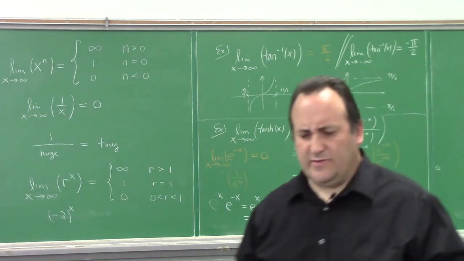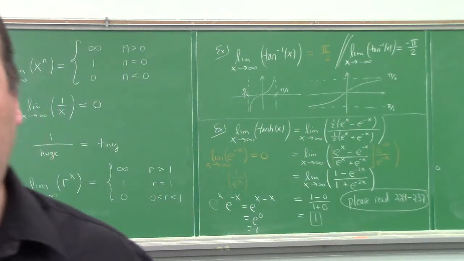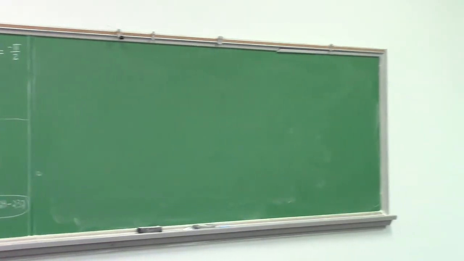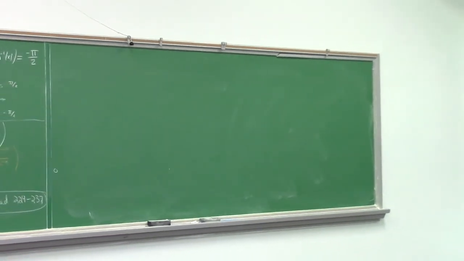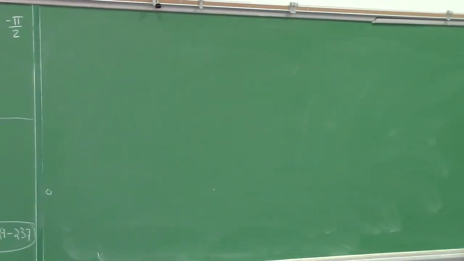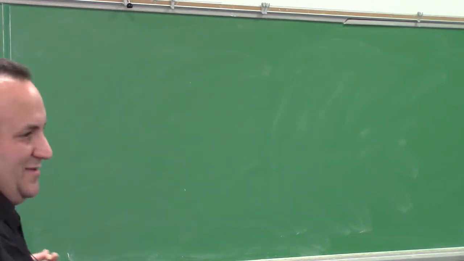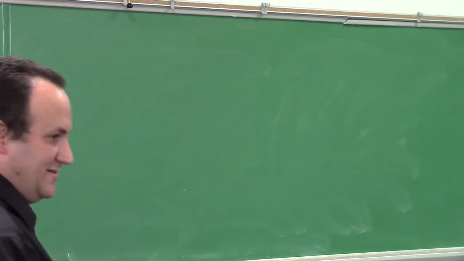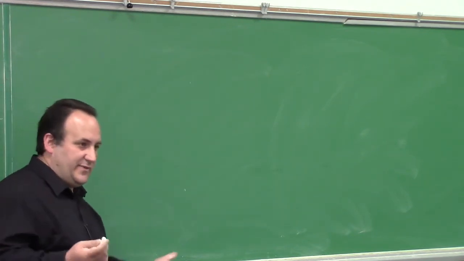So if we had limits of type 0 over 0, what did we do up to this point? What did you do on test 1 if you had a limit of type 0 over 0? We had to do algebra, right? Just hand-to-hand combat with algebra, basically.